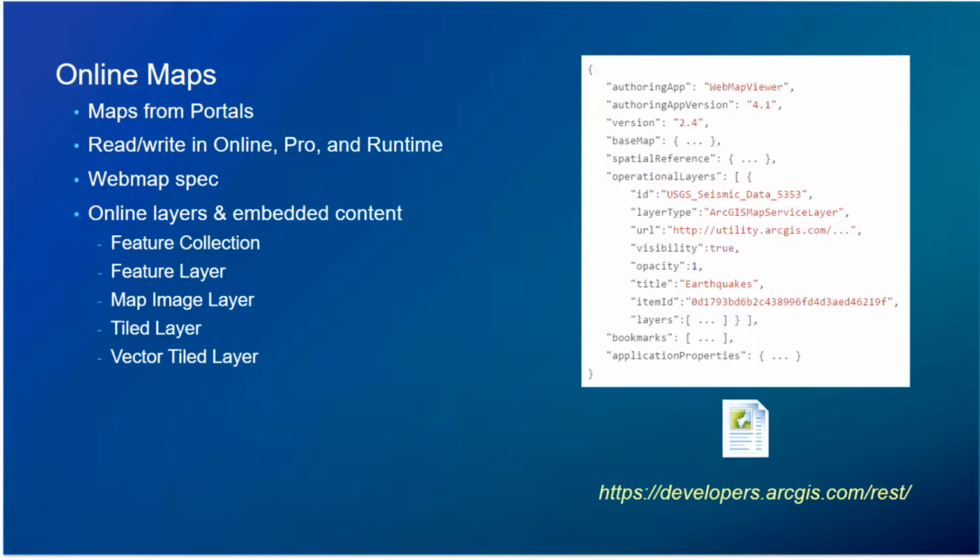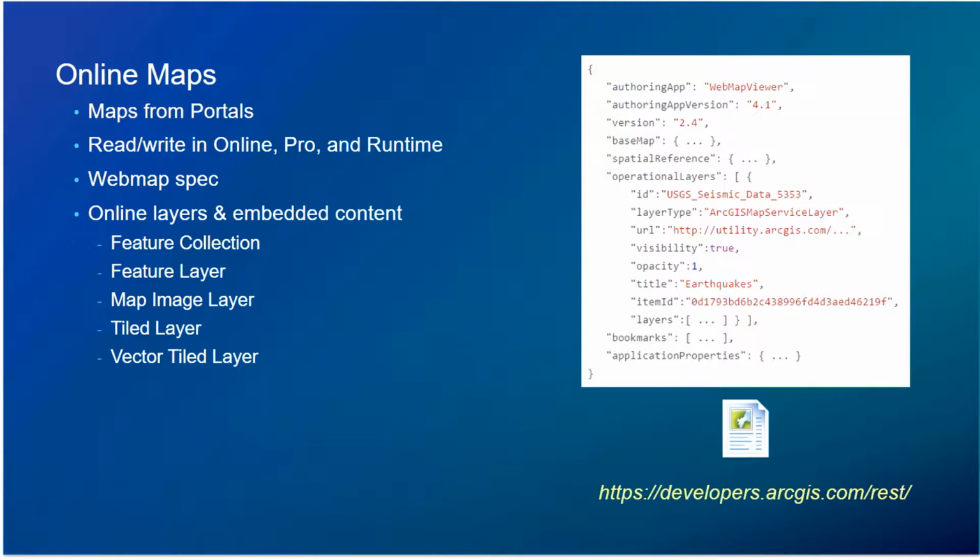It can also be a standalone item in the portal and then referenced from the web map. The interesting thing within the ArcGIS Runtime is that a feature collection is matched by a feature collection table, and so you can work with that table via the API as you would any other feature data. You just have to be aware of the storage mechanism behind it being essentially JSON within the web map or JSON within a portal item.